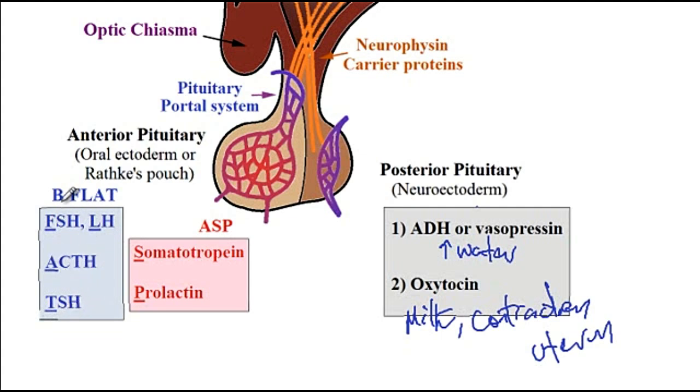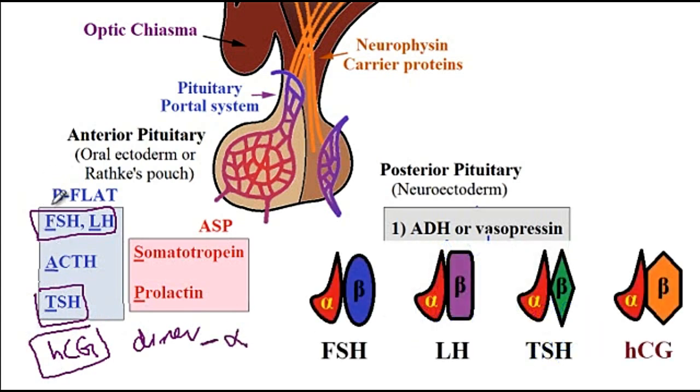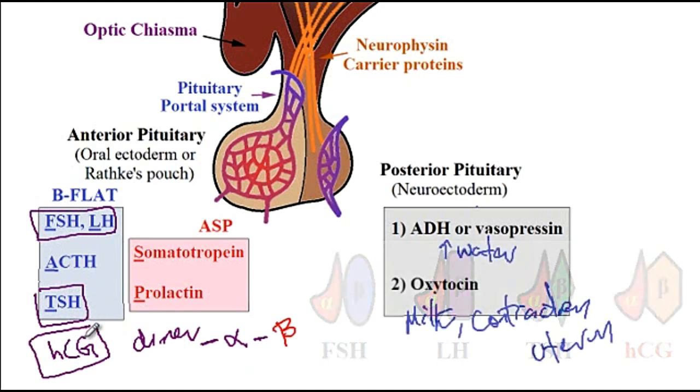Now one other point I would like to mention about these hormones is that the FSH, LH, TSH, as well as the human chorionic gonadotropin, which is being produced by the syncytiotrophoblasts of the placenta, these are all being made of dimer proteins, and the alpha subunit of all of these hormones is the same. So it's only the beta subunit of these hormones that is different, and so it will confer different functionality for these hormones.